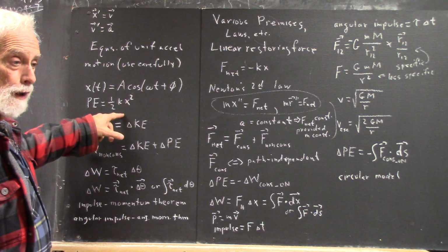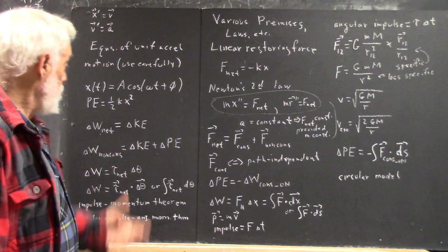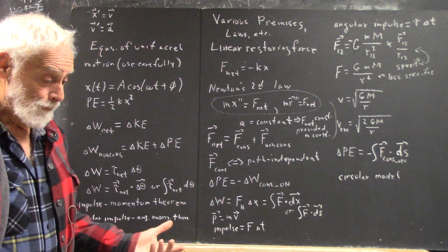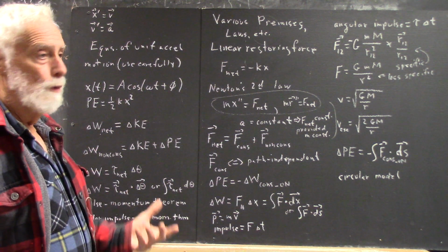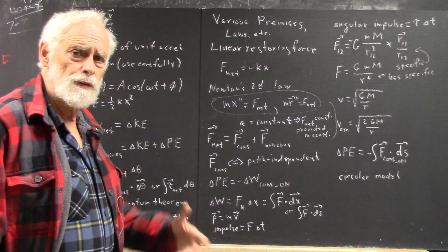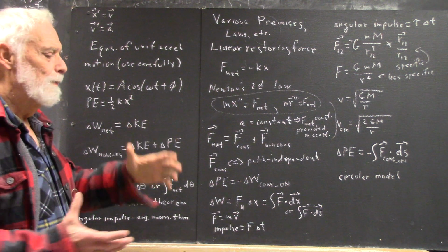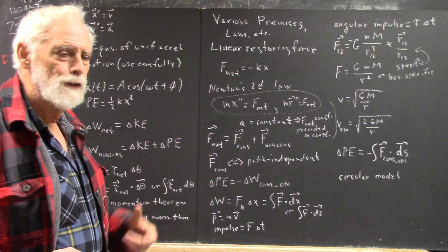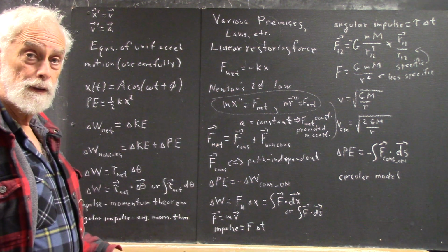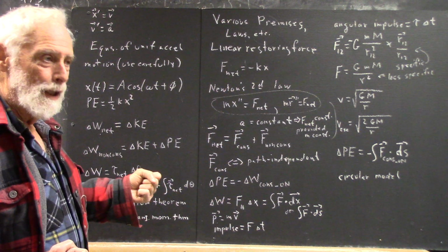Potential energy equals 1/2 kx squared. Well, that's a nice formula, but you've got to apply it in the right place. If you're not applying it to a linear restoring force, you screwed up. If you try to apply this to potential energy of a satellite, well, there's no rubber band between the Earth and the satellite, and gravity doesn't behave like a rubber band.